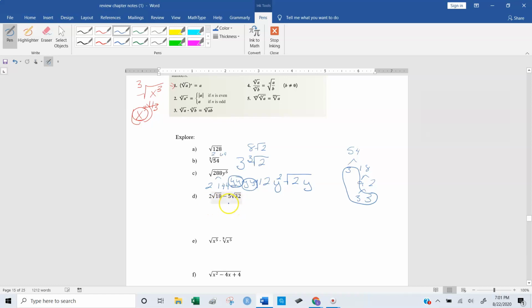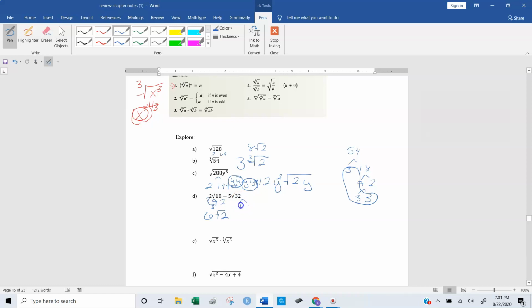I cannot subtract these two unless they are identical. So I need to have a same square root underneath here. Well, I know 18 is 9 times 2. The square root of 9 is 3. So we take the 3 times the 2, which is the 6 square roots of 2. So remember, square root of 9 is 3, and then the 3 times the 2 is where we got that 6.